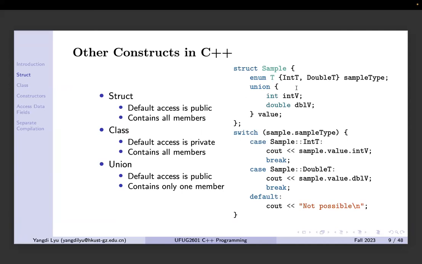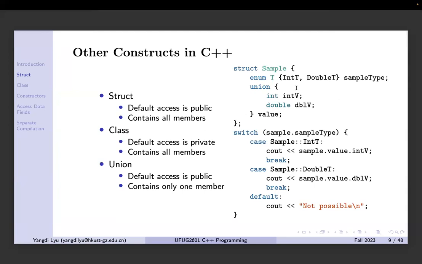If the type is int T, you can output this int value. If it's double T, you can output this double value. This logic is defined by yourself. It's not so important. The important thing is union contains only one of them. It doesn't contain both.